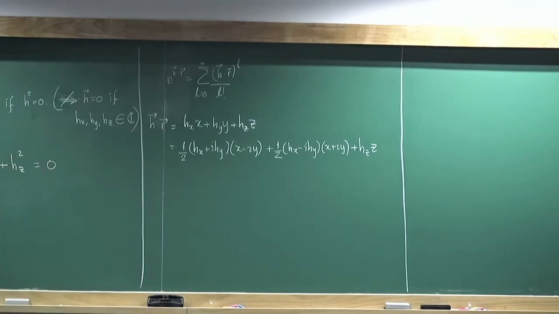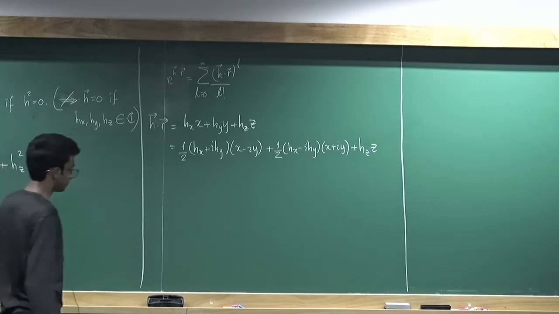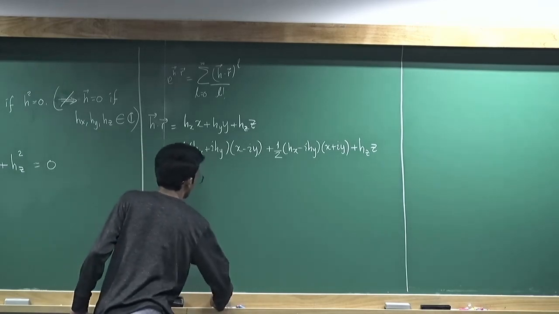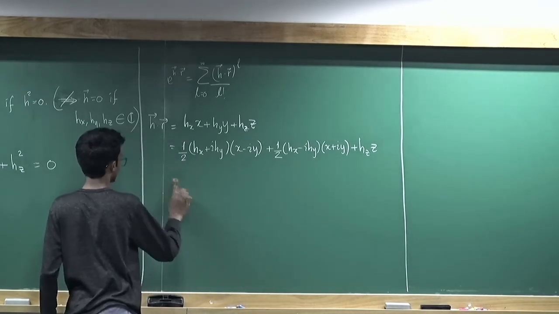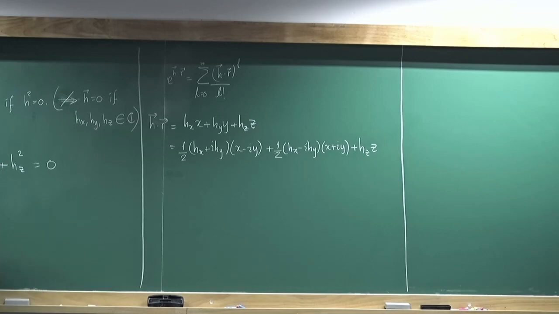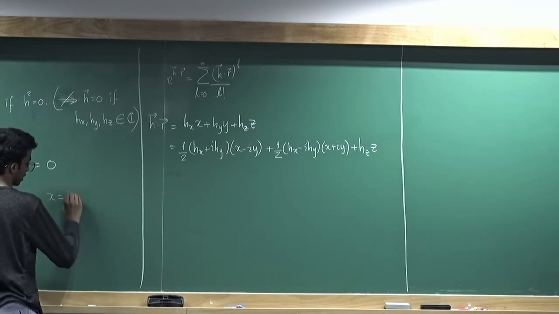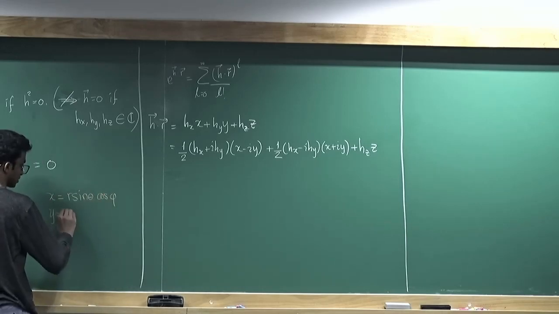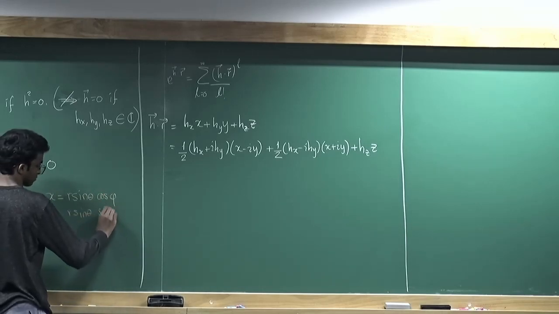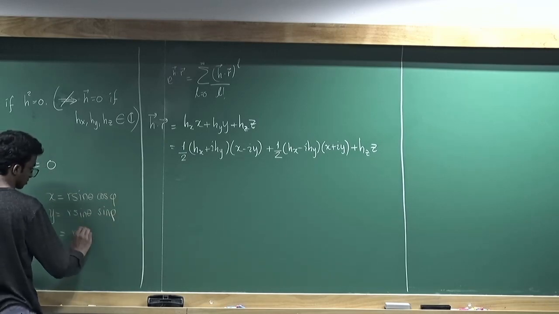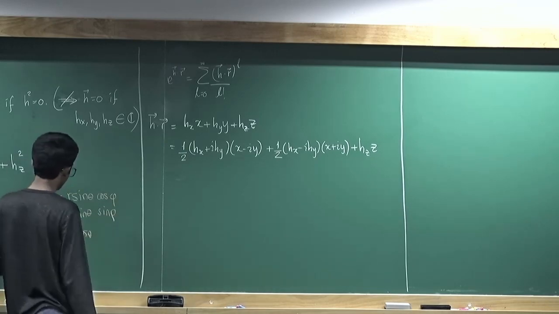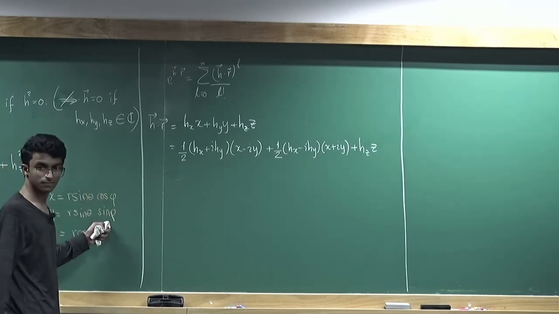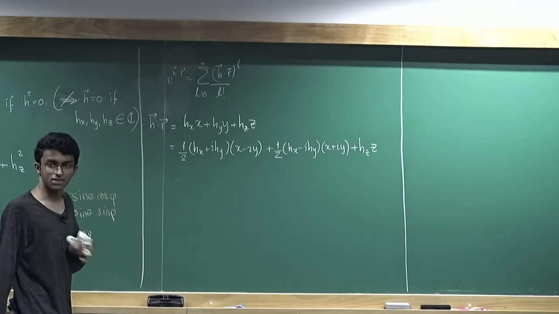Now, remember a few things about spherical coordinates. x is r sine theta cos phi, y is r sine theta sine phi, and z is r cos theta. In which case x plus i y is r sine theta into cos phi plus i sine phi, and cos phi plus i sine phi is e to the i phi.